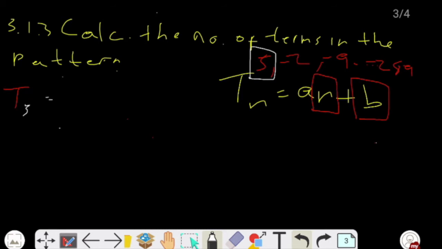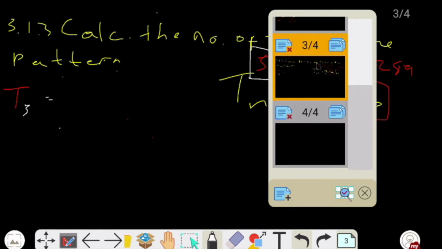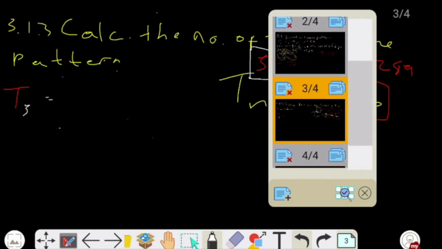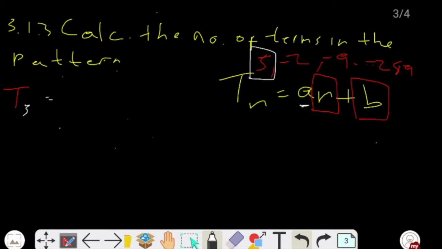equals my a. What is the value of my a? My a, like we said, is your first term. In this case, our first term is 5. Our constant difference, sorry, is -7, right? And then I choose term 1 plus b.